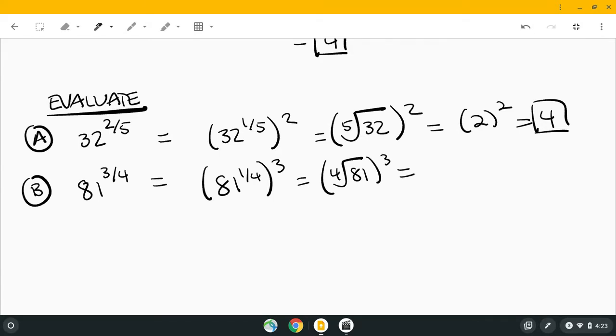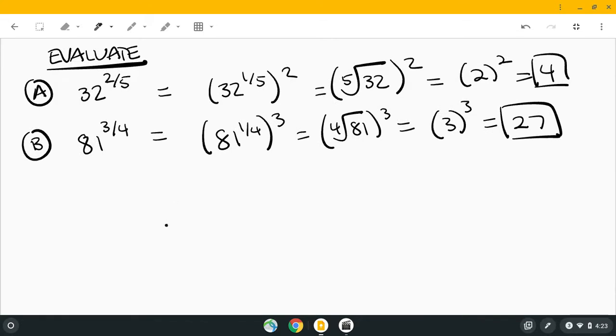So the 4th root of 81 is 3, and then to the 3rd power, 27. Okay, see how we're doing that? So it's like we pull the 2 outside, we pull the 3 outside. Okay, and then you can work with the radicals on this inside base here.